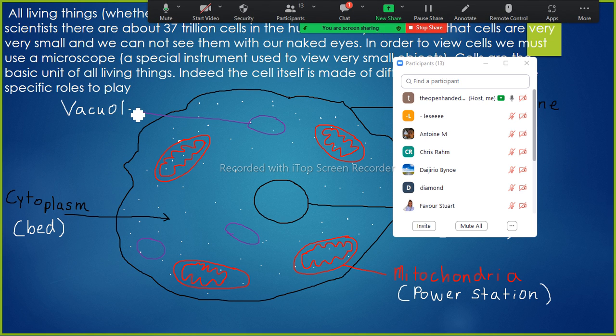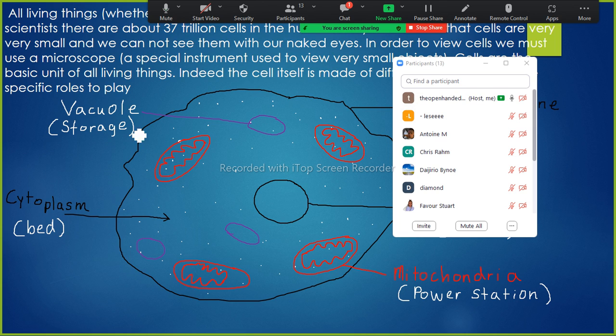All right. Now the vacuole is basically like a storage place. It acts like a garage. It stores food, water, waste, and minerals.